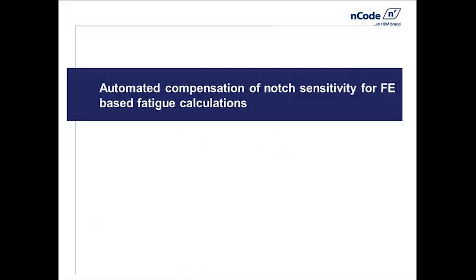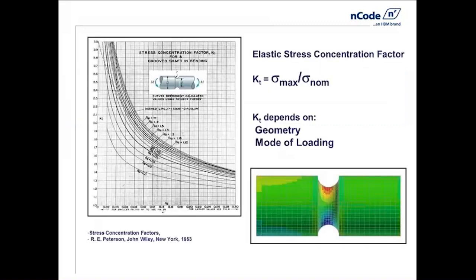I'm going to move on and look at another capability inside DesignLife, and this is the ability to account for notch sensitivity. When we run an FE analysis, we get stresses out that represent fundamentally the exact stresses from the stress concentrations, the notches in our FE model.